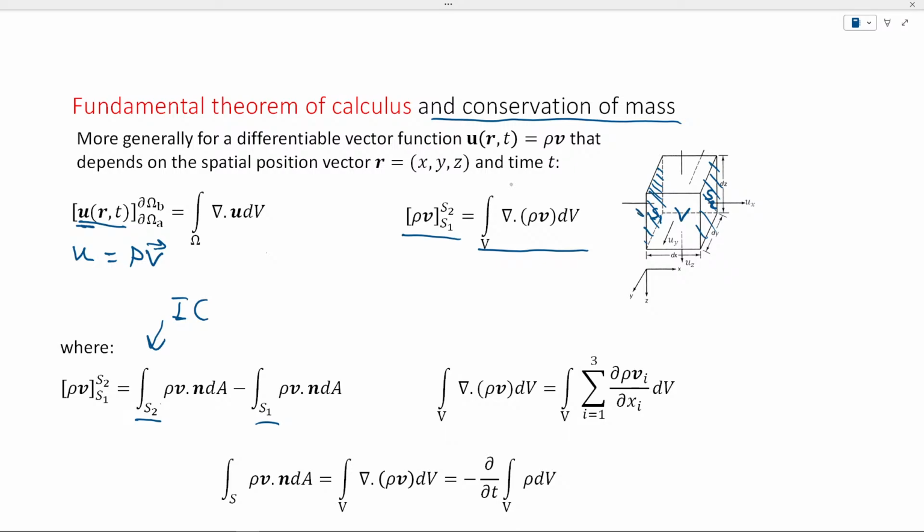Okay, and that's my rho v, and that's a unit vector, and this unit vector is always pointing outward. So this unit vector here will be pointing in this direction, so let's call it n1, and this would be n2. This is a vector and this is a vector.